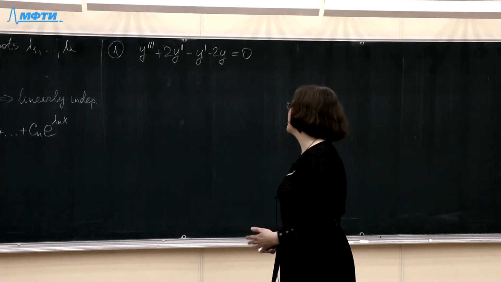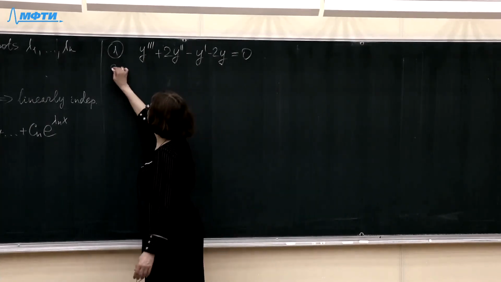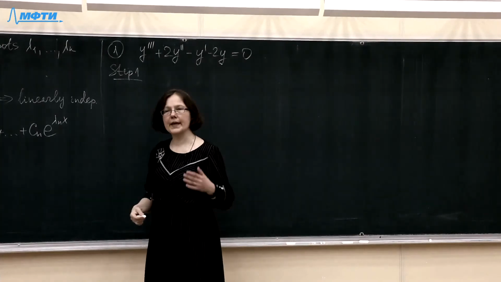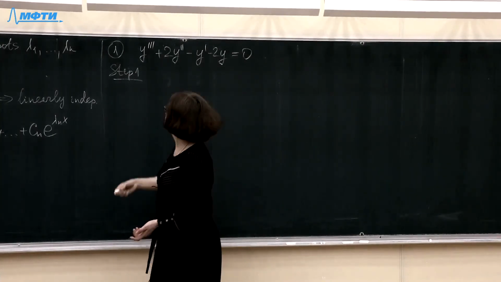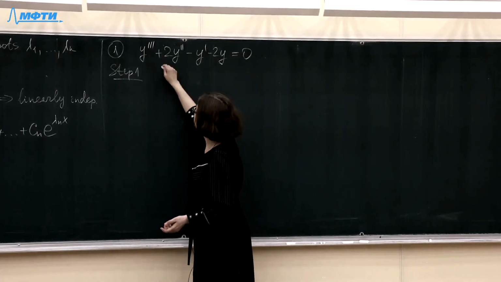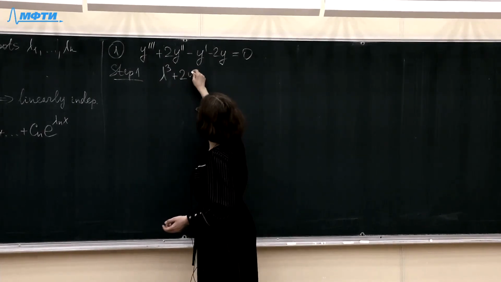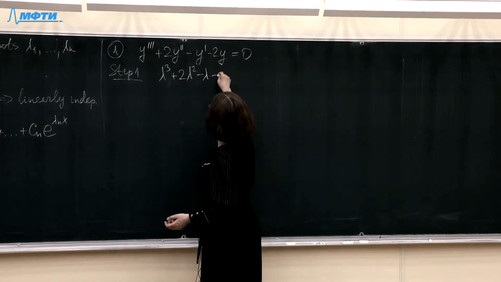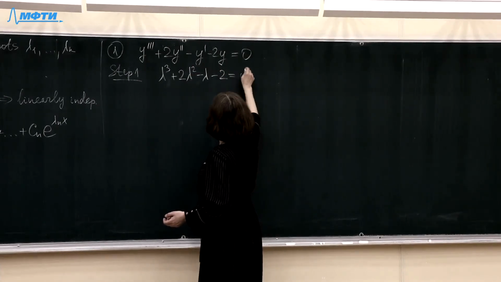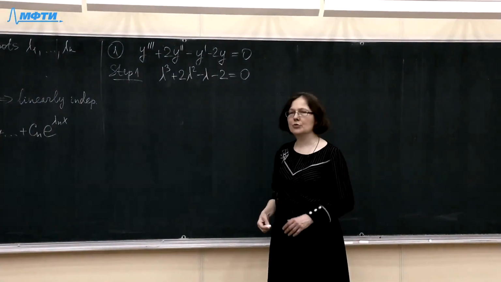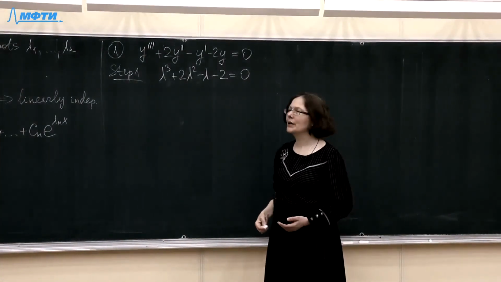So step number 1 is to form the characteristic equation. We replace y''' by lambda cubed, next goes 2 lambda squared minus lambda minus 2 equals 0. And next we should try to solve this cubic equation.